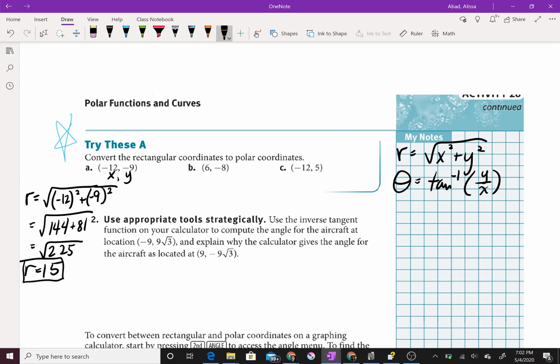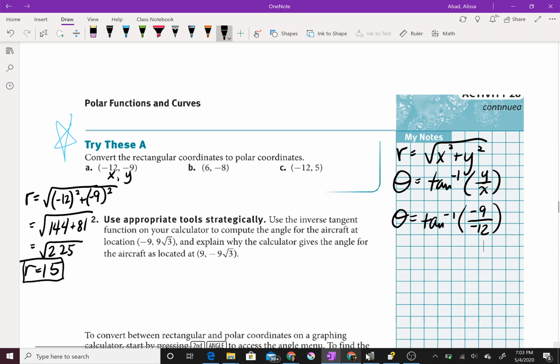Okay. The next part over here, I'm going to actually put all the work on the right margin here for theta. So we're going to find out what theta is by using arctangent of -9 over -12.